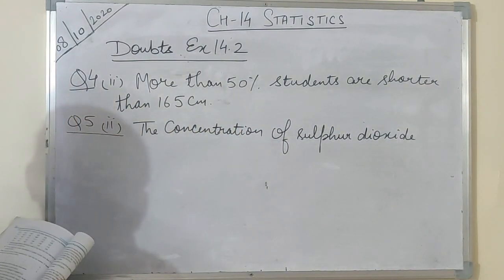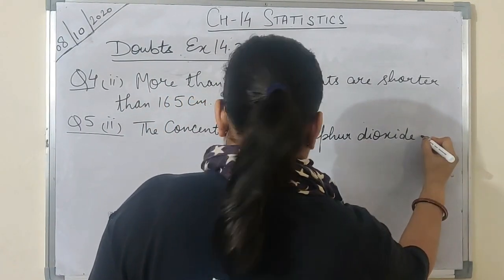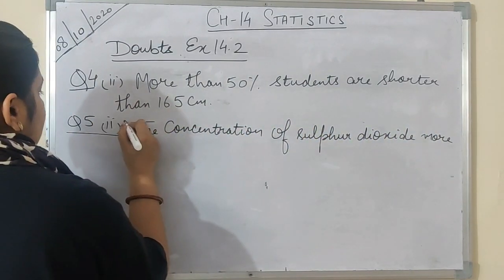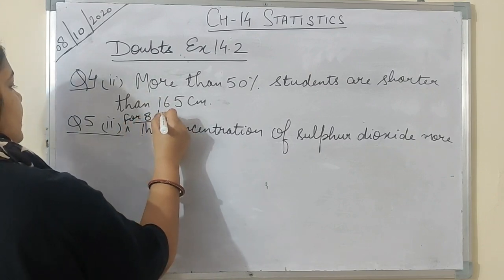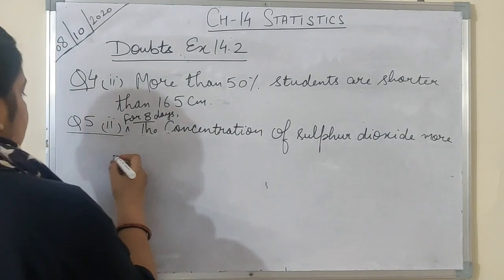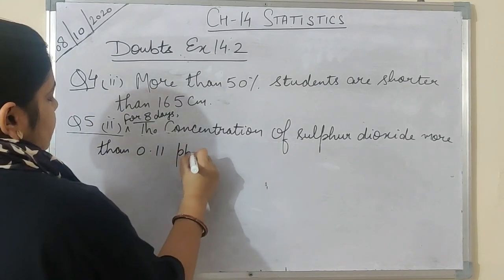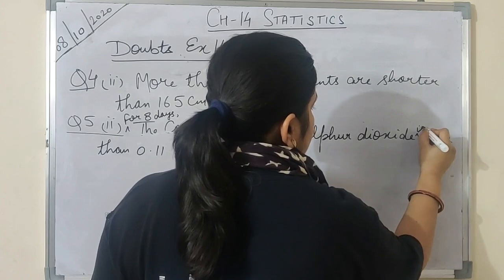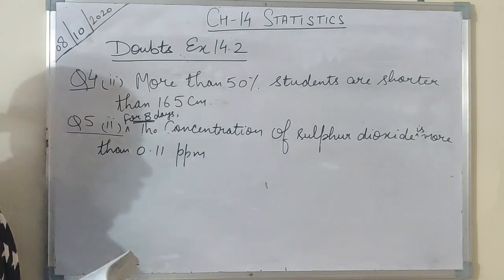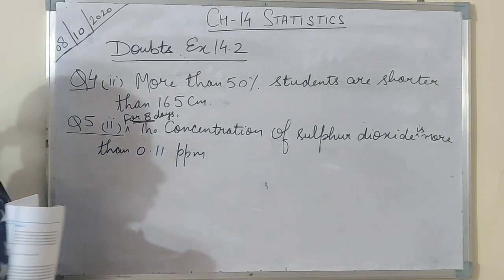So the answer is: for 8 days the concentration of sulfur dioxide is more than 0.11 ppm. So this is the answer. Okay, so till here I think it is clear to all of you.